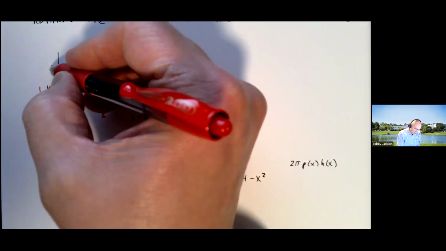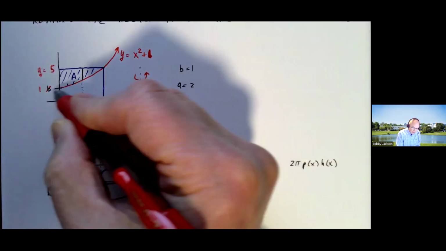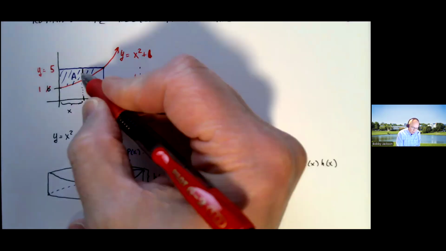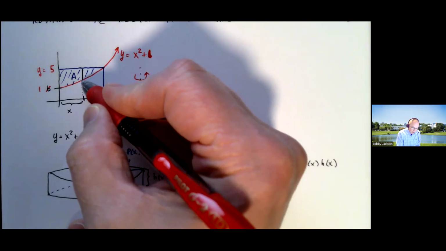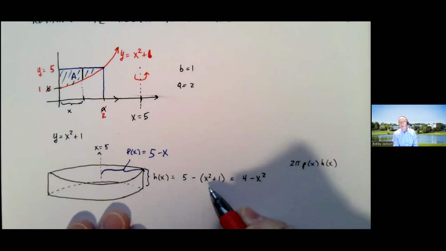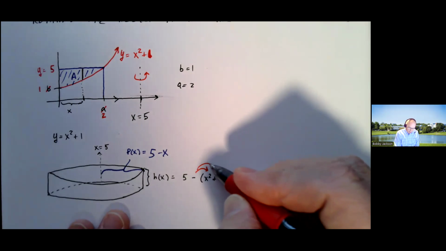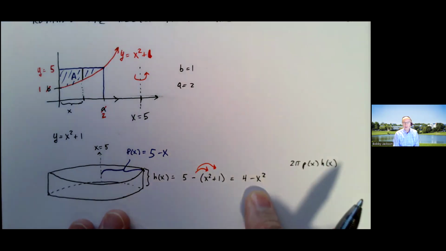And remember, it's bounded by y equal 5, this line here, and y equal x squared plus 1. So it's 5 minus the quantity x squared plus 1. So be careful, we do need to distribute that through, and I get 4 minus x squared.